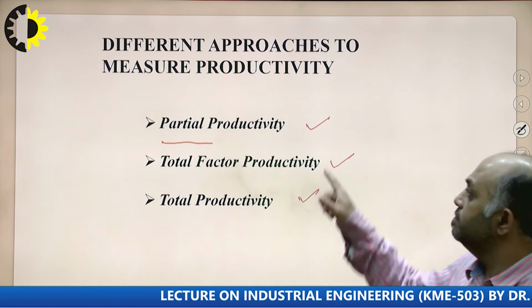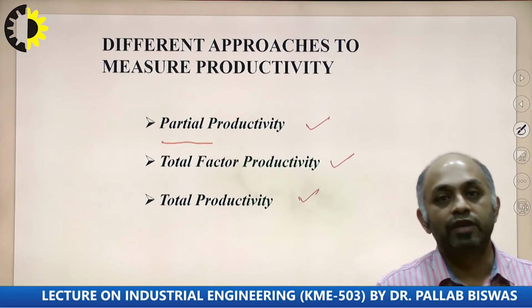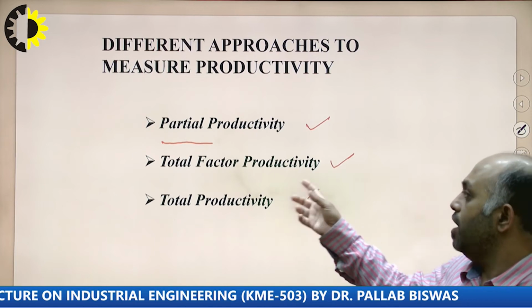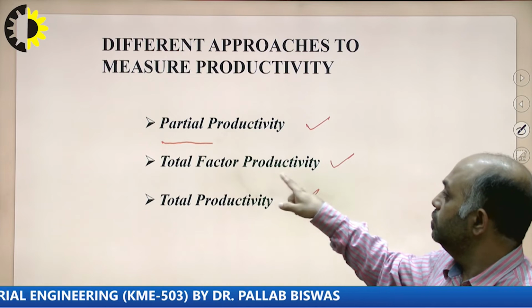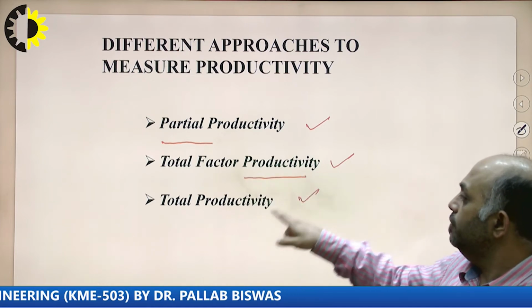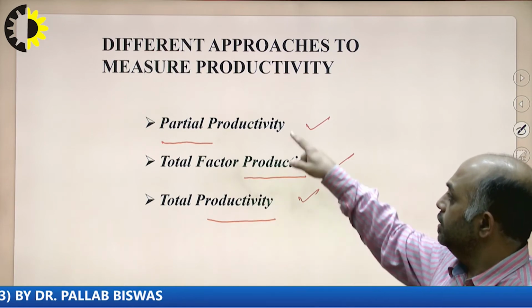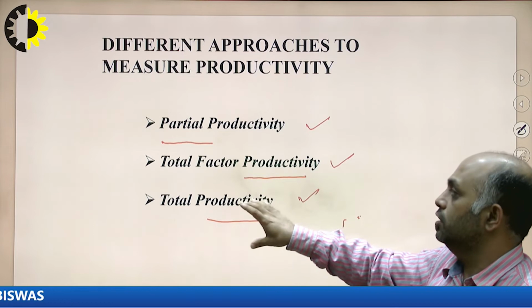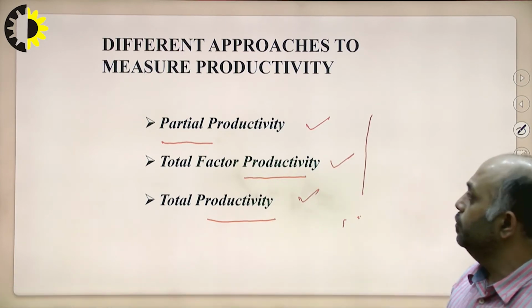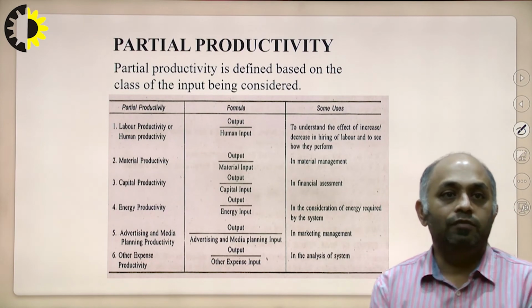This helps us understand very specific factors where we are actually lagging behind. When I talk about total factor productivity, there are two terms that we will see, and the total is basically the total productivity. So, these are the total concepts: this is partial, this is a bit more than partial, and this is the total one. So, there are three ways we can do it, right. Now we come to the partial productivity aspect.